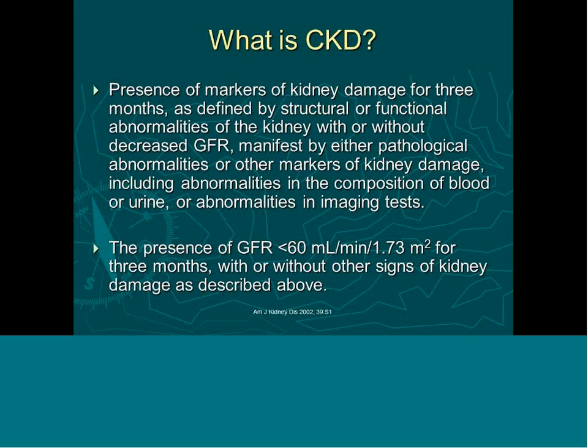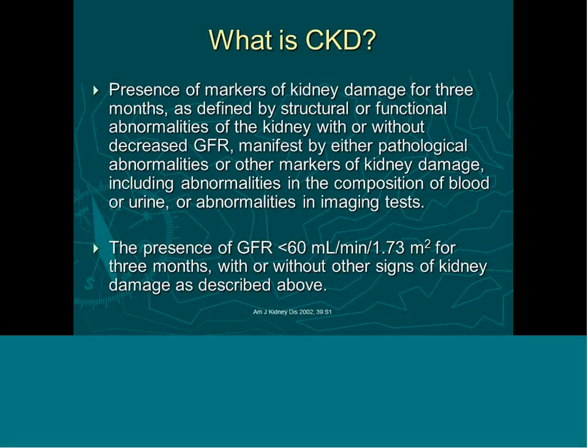So this is a complicated definition of chronic kidney disease, but to explain it a little easier, basically, if you have microscopic hematuria for more than 3 months, we can say chronic kidney disease.